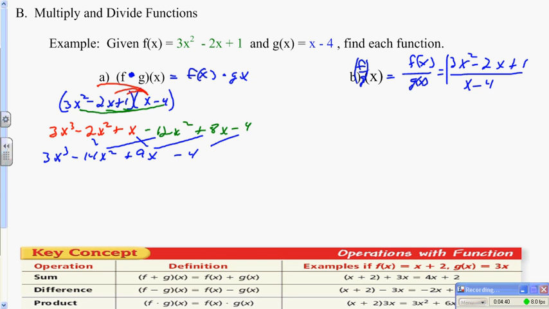Now this is good enough for now. We have one rule that goes along with this, and that says that x cannot equal 4. If it did, we'd have 4 minus 4 in the denominator, and that's 0, and if you divide by 0, it's undefined.